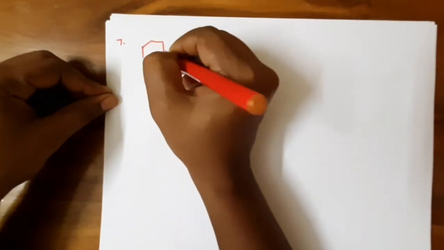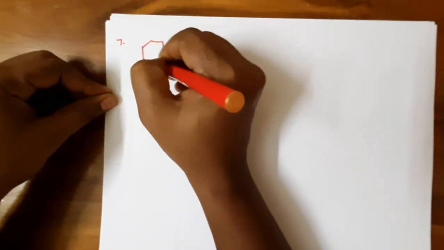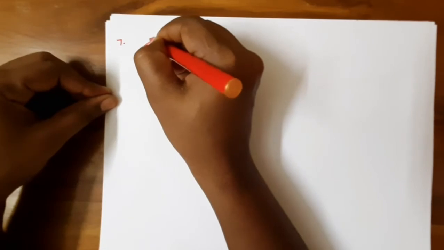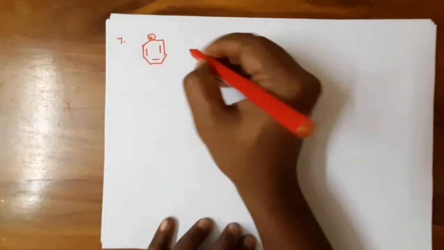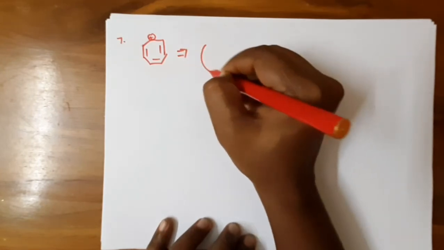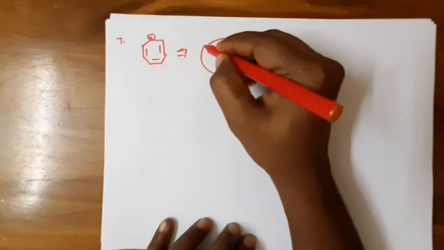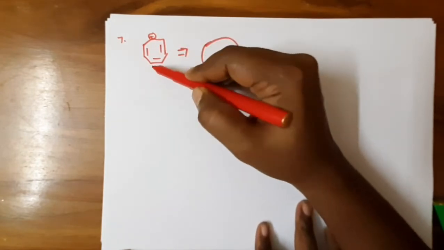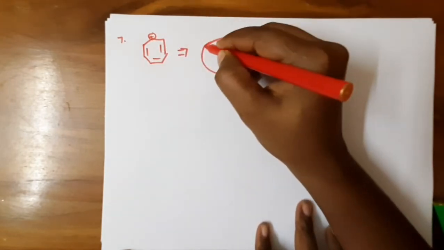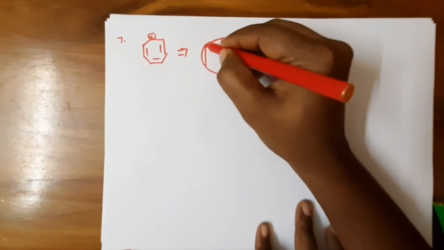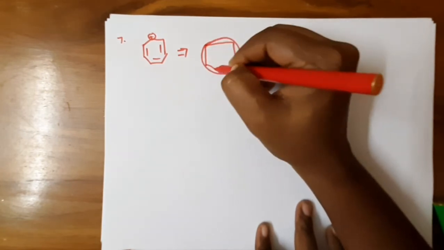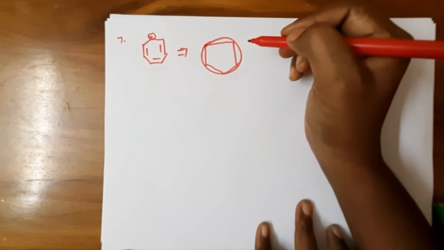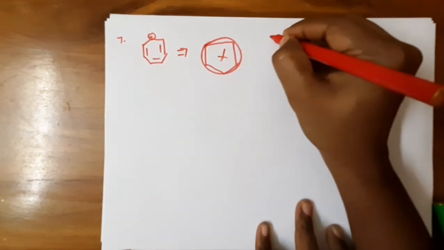So in a 7-member ring, take this example. So draw the Frost circle. To see, there are 1, 2, 3, 4, 5, 6, 7 vertices. So 7 vertices means one of the vertices should be pointed down.